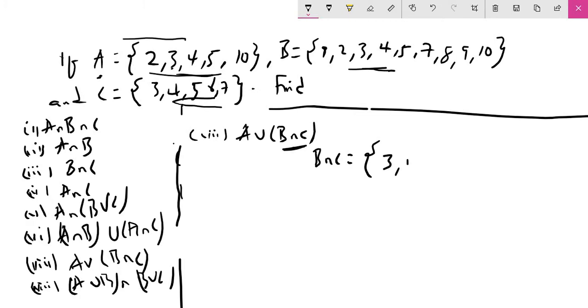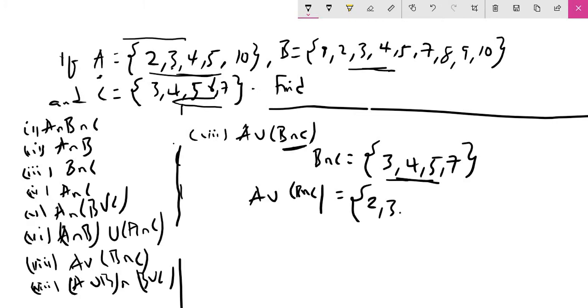We have 3, 4, 5, and 7. And so A union B intersection C is equal to A union this. Combining A and this particular set, we have 2, 3, 4, 5, 7, and 10. And this is A union B intersection C.